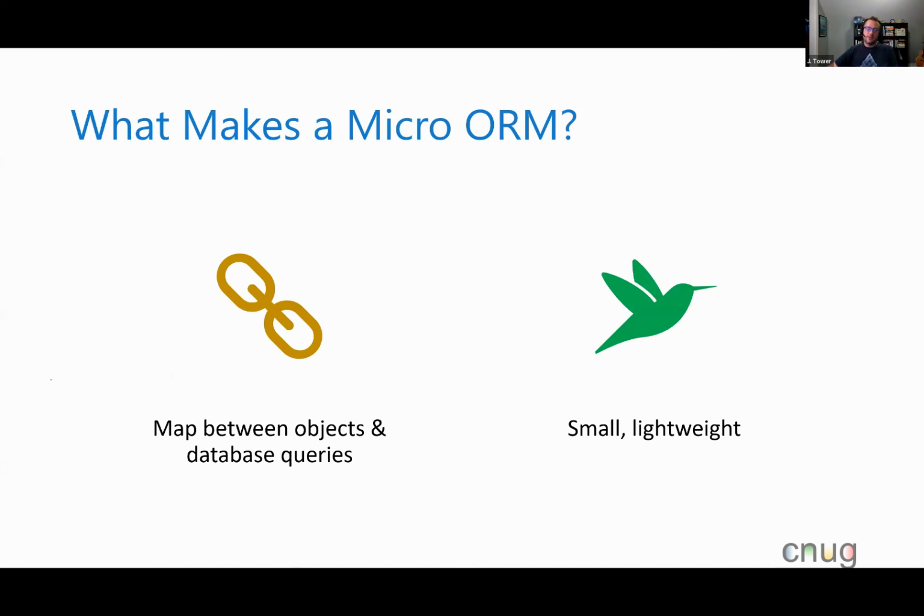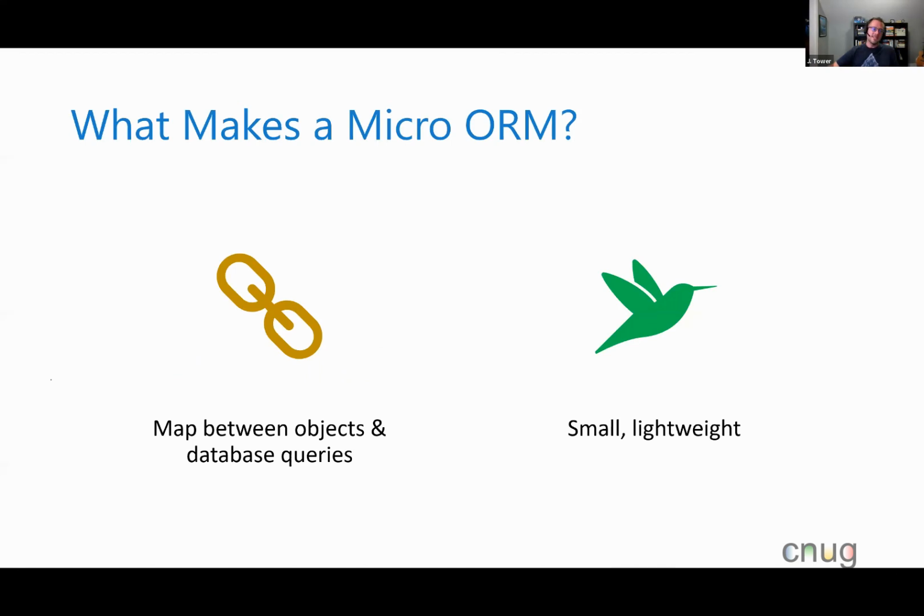Well, small is in the eye of the beholder, I suppose. But what I would expect a micro ORM to be is two things. First of all, I would expect it to be an ORM, which means it maps objects to queries and queries back to objects. And I would expect it to be small and lightweight.